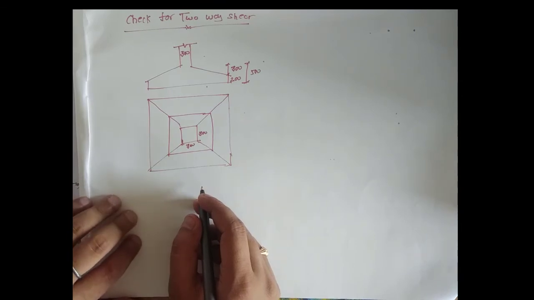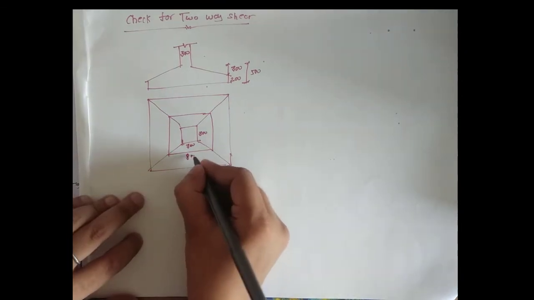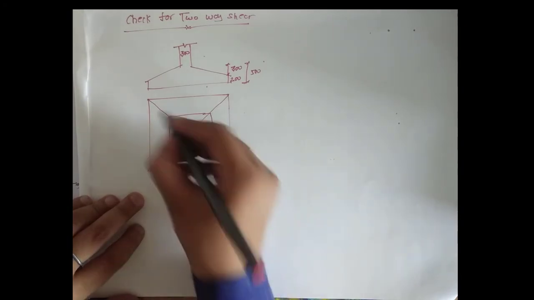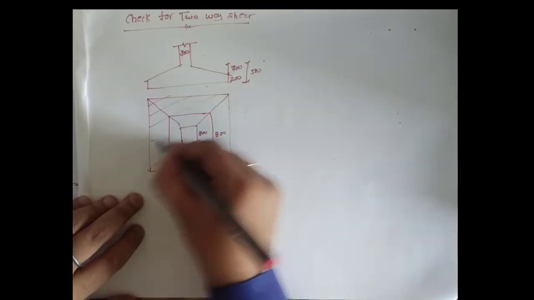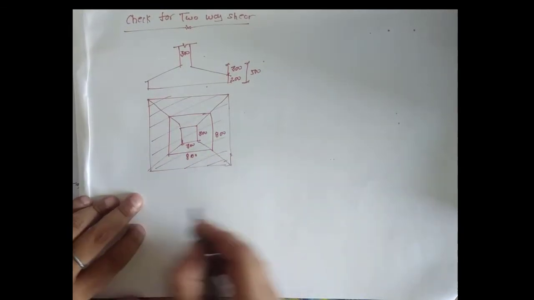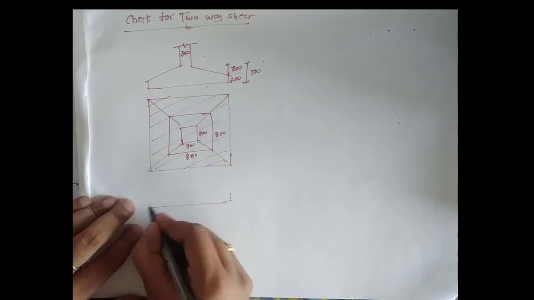We'll distribute it now, so it will be 800 by 800, and this will be the entire shaded portion.